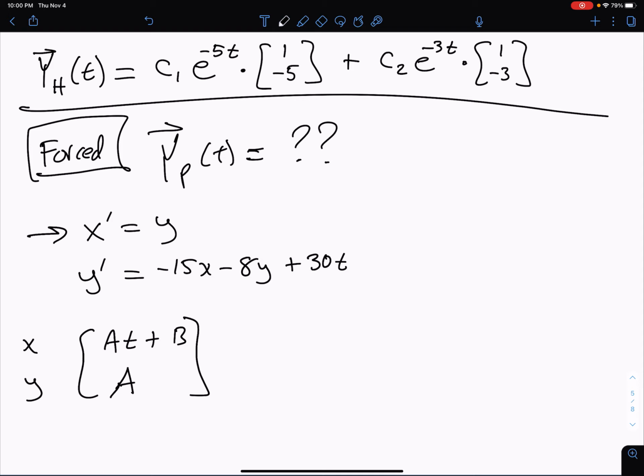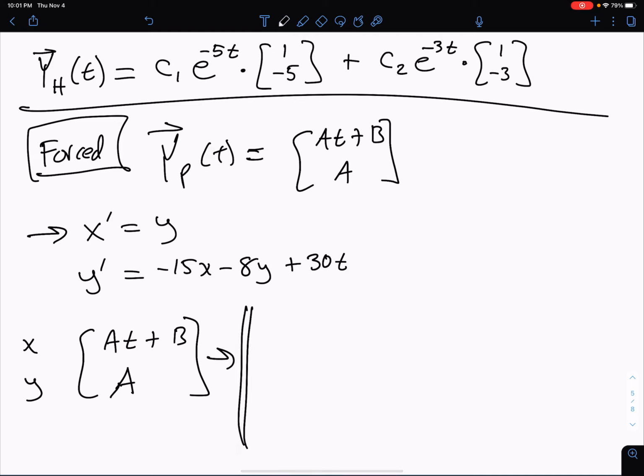So if we try the guess to be at plus b, and then therefore the derivative of x is y and x prime is a, what will that lead us to get here? So x prime will equal a and y will equal a, so that checks out.